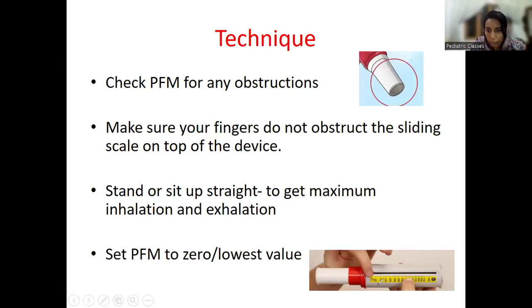Yes, this one, can you see here? There is a small pointer, but whenever you are using it, make sure that you have slid the pointer to the 0 or the lowest value you are seeing on the PEFR monitor.